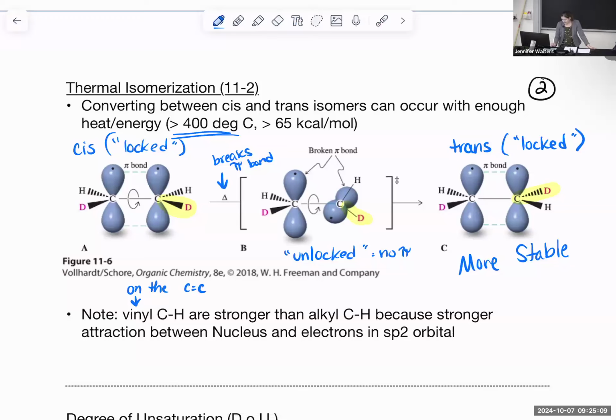So our vinylic CH, that hydrogen directly attached to the double bond, is going to be stronger than just a normal alkyl CH.